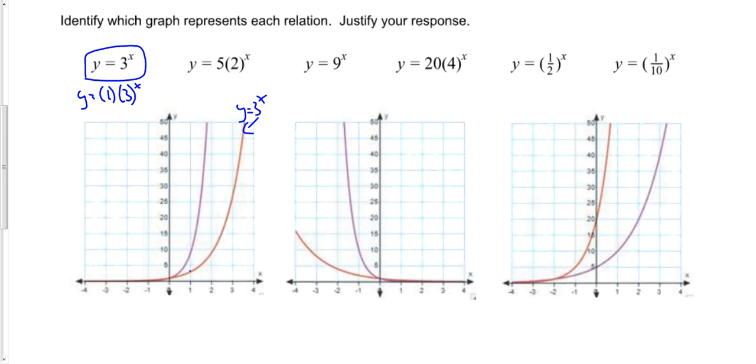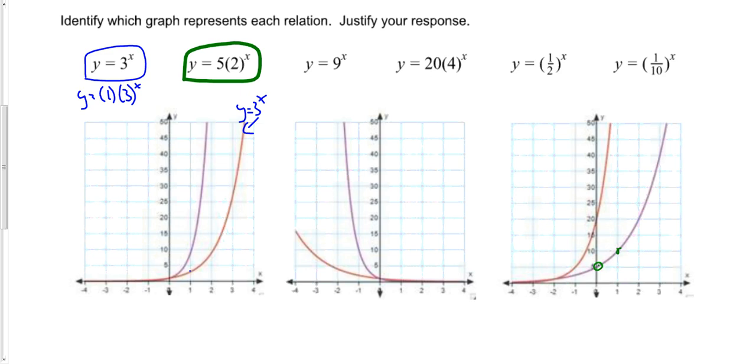The next example has an a value of 5 and a b value of 2. So I need to find one of the graphs that has a y-intercept of 5. This one has a y-intercept of 5 right there, and at an x value of 1, I'm going to get y equals 5 times 2, which is 10.